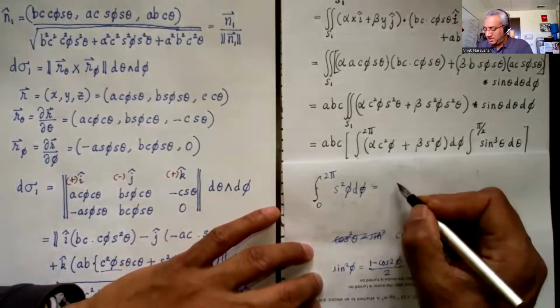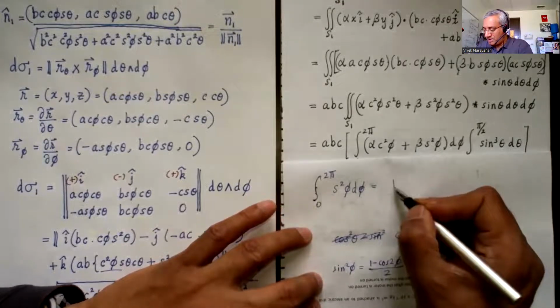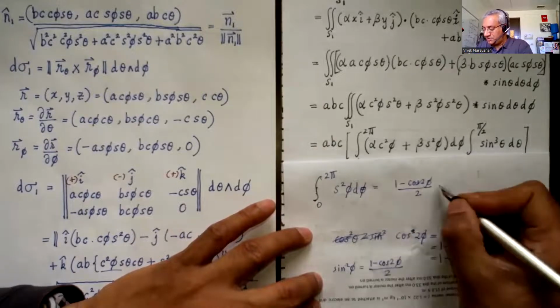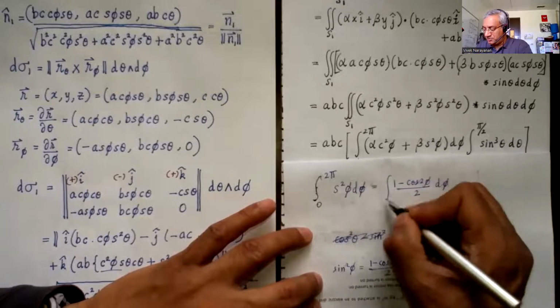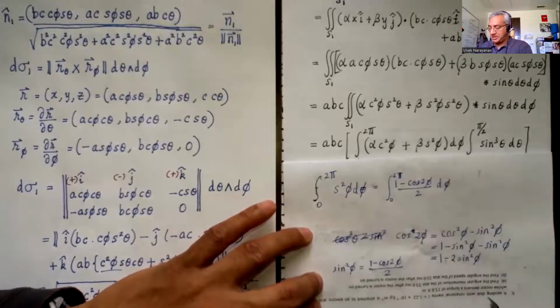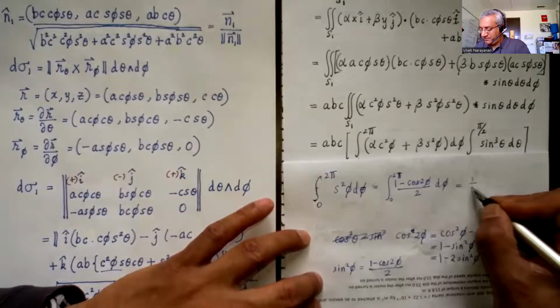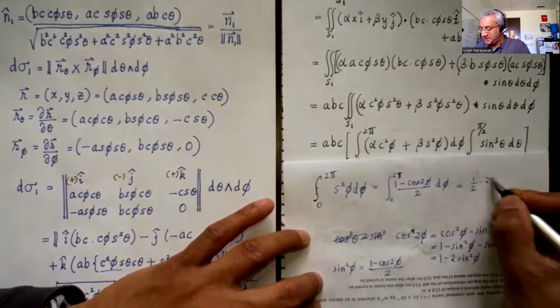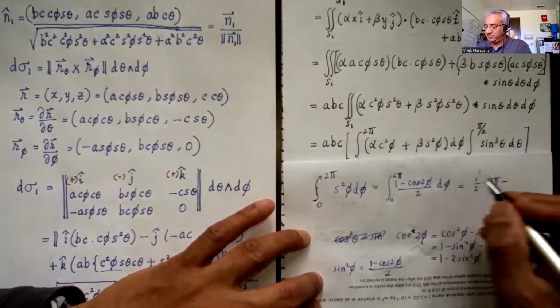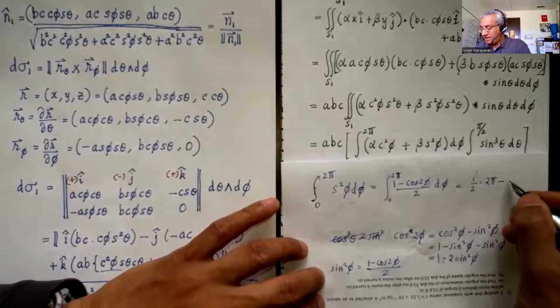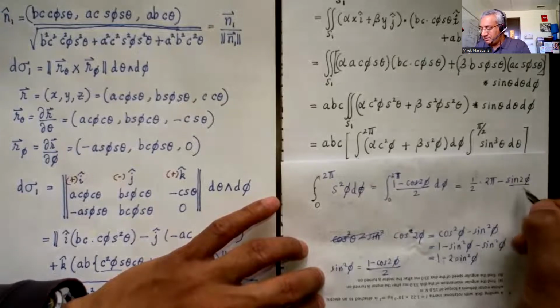And now if I have that, I'll get the integral from 0 to 2 pi of 1 minus cosine 2 phi divided by 2 d phi. And that's just half times 2 pi minus the integral of cosine 2 phi, which is sine 2 phi divided by 4.